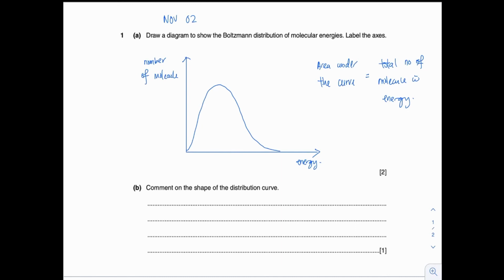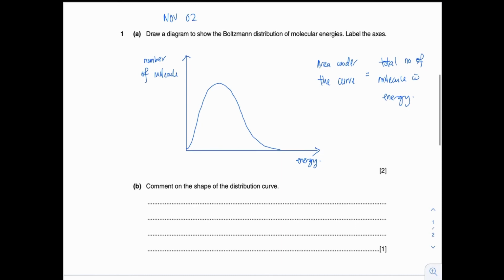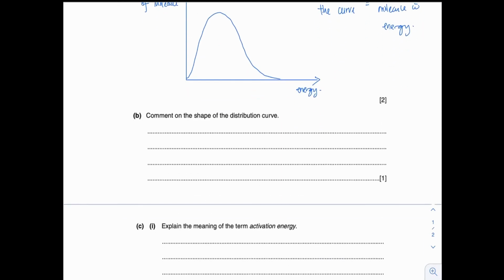Okay, so for question 1b, comment on the shape of the distribution curve. Well, you can say that not all the molecules have the same energy because as you can see, some of the molecules are here and those molecules have low energy. Some of the molecules are here.